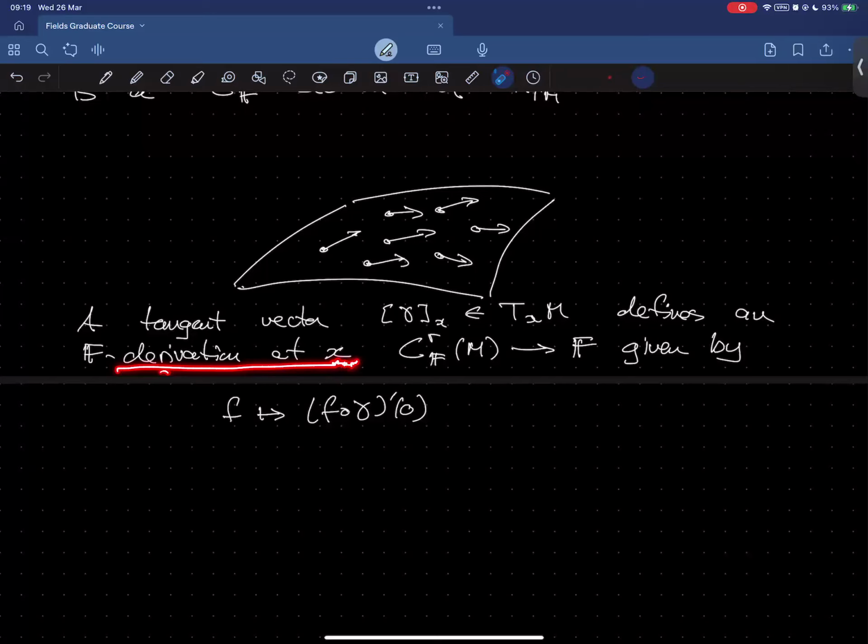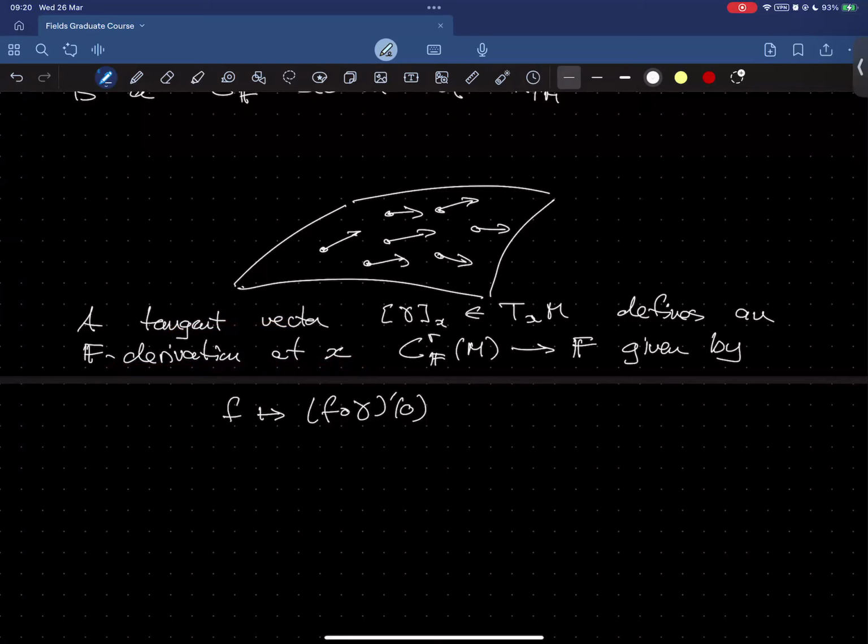In fact, it's an isomorphism of vector spaces. But in general, the mapping from tangent vectors to derivations is not surjective, and it's not known whether it's injective or not. Nevertheless, tangent vectors are derivations at x naught.